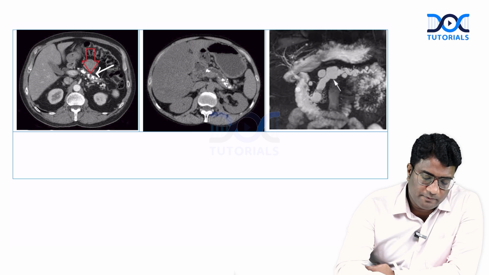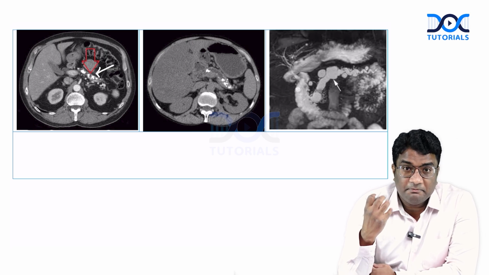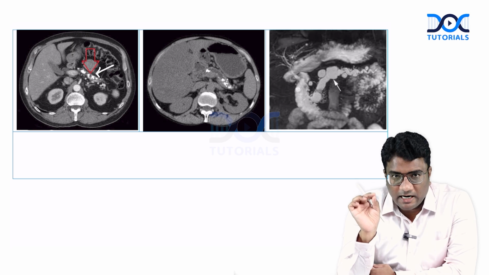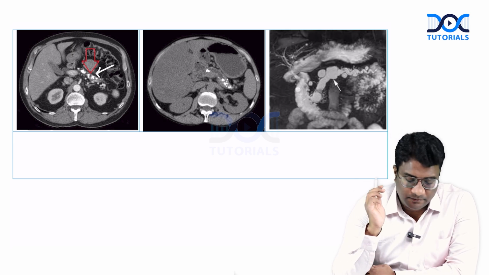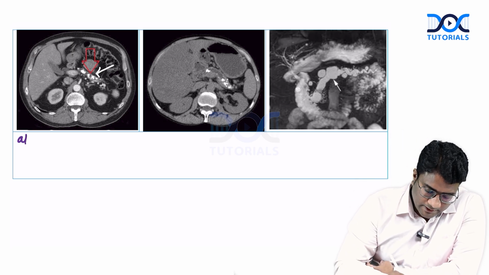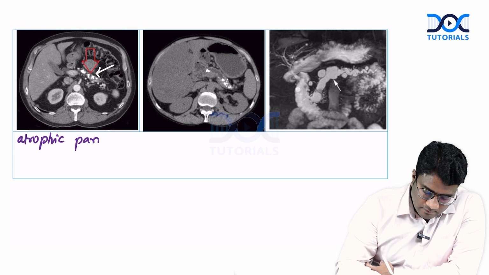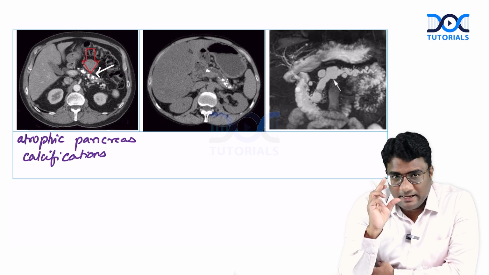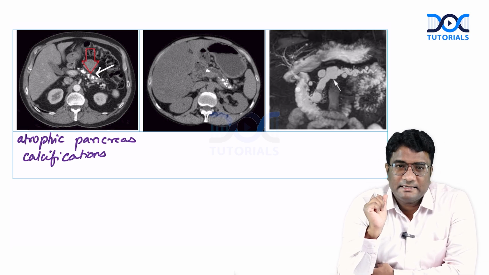In acute pancreatitis, how was the pancreas? It was bulky, it was edematous. But in chronic pancreatitis, there will be atrophic pancreas with calcification. You are seeing atrophic pancreas with calcifications in the pancreas. The parenchyma is atrophied, but the pancreatic duct gets dilated.